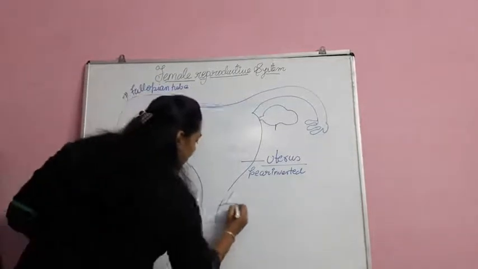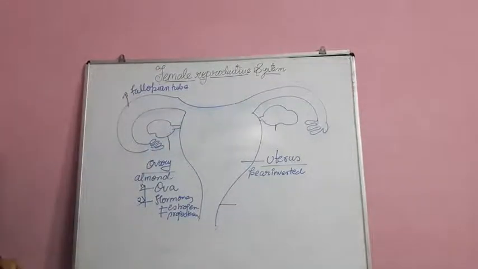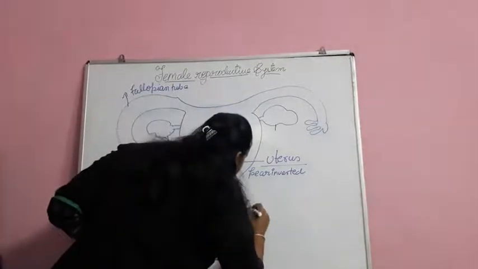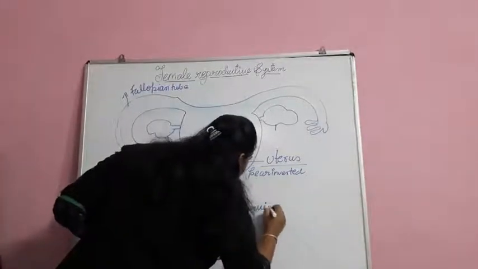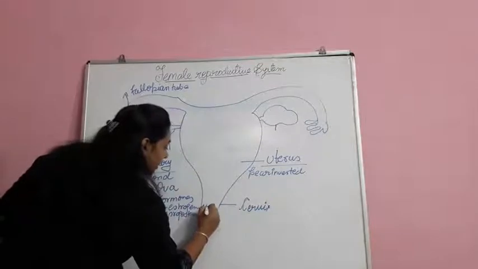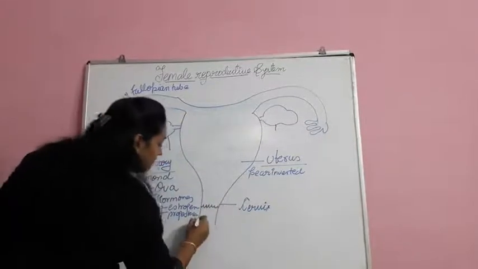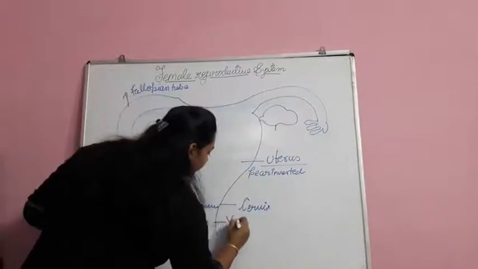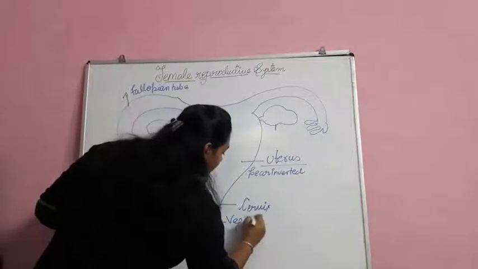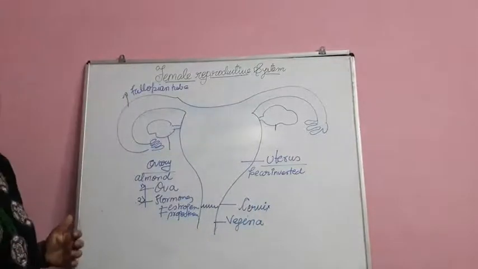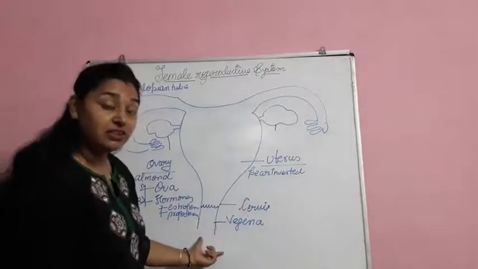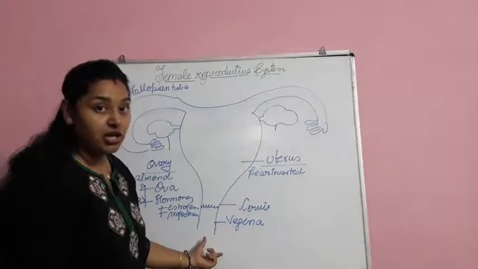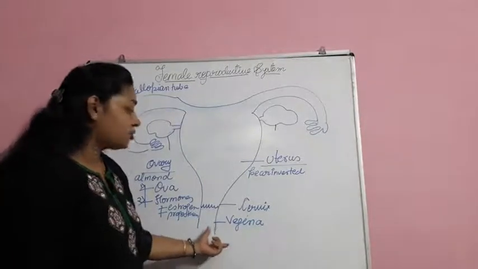This area which you can see is the next part in the female reproductive system, which is called the cervix. Here the cervix is plugged with mucus, and down below it there is the vagina, which acts as a birth canal, and menstruation also happens through this canal.